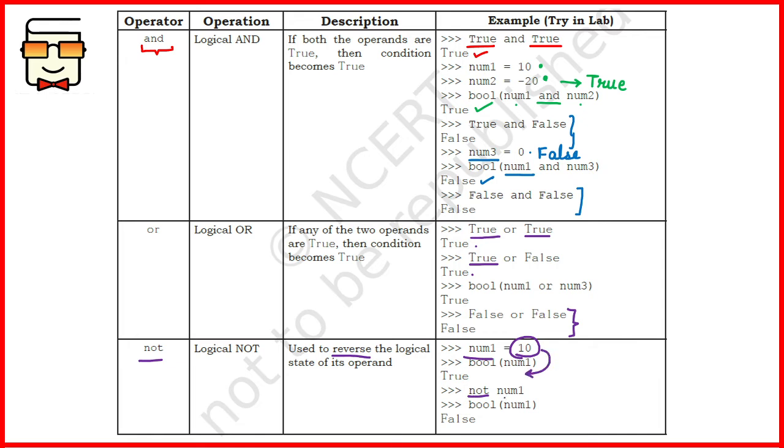Now when we apply the not operator in front of this variable num1, you get the opposite Boolean value, which is false. That means it negates the existing truthness of the value. If the value was originally false, it will evaluate to true when the not operator is applied in front of it.